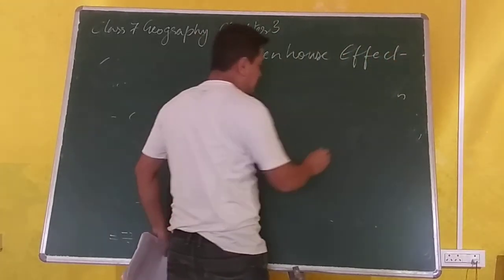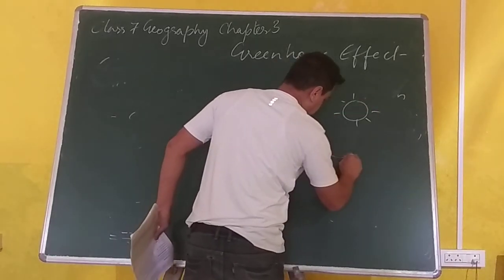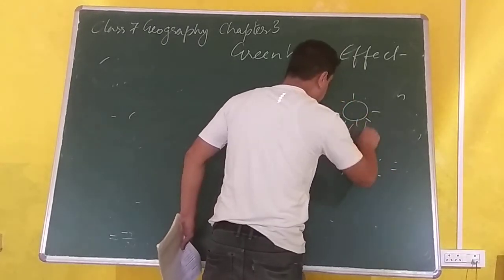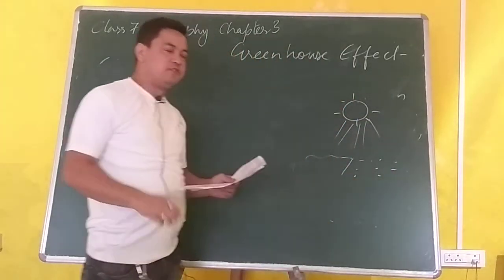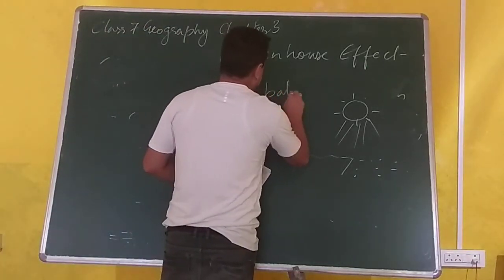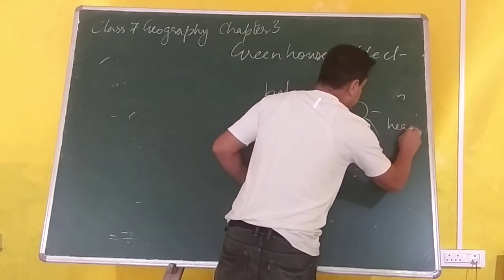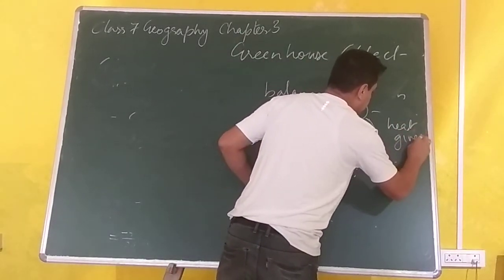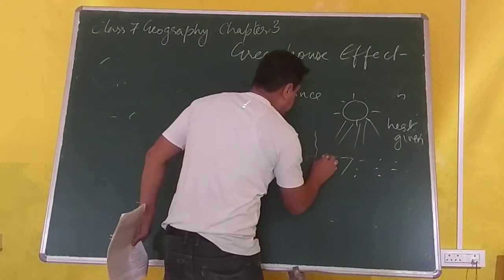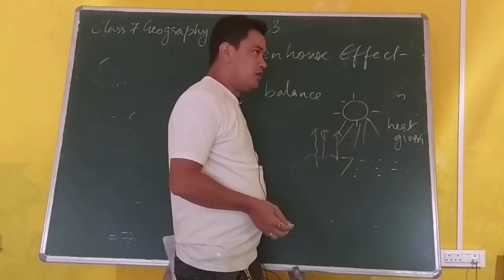So let's take for example, the sun gives heat on both land and water. The elemental land and elemental water body. Okay. So sun gives heat on both land and water. So in olden times there was a balance between the heat given by the sun during the day, and during the night the heat used to evaporate from our land and water bodies into the atmosphere.